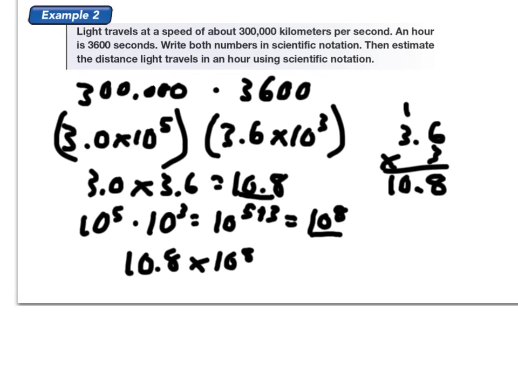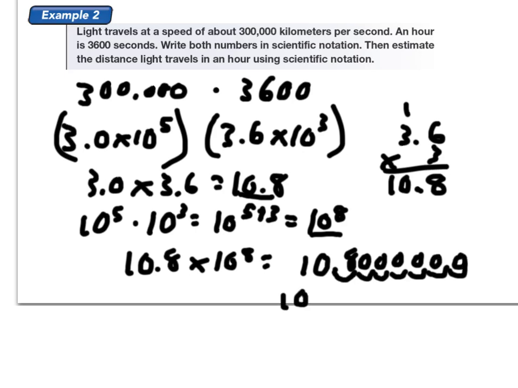So 10.8 times 10 to the 8th is not correctly written in scientific notation because of the 10.8. So I'm going to write down 10.8, and the 8 tells me how many spaces I need after the decimal, or how many times to move the decimal. So I have to move it 1, 2, 3, 4, 5, 6, 7, and fill in some zeros.